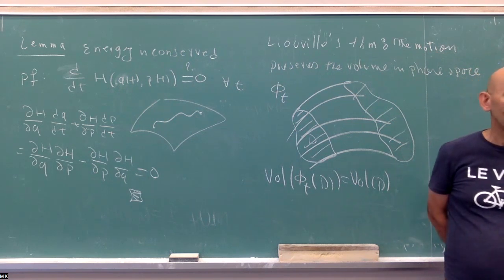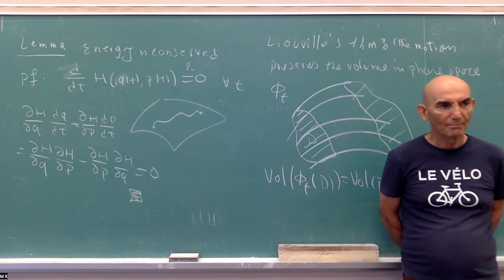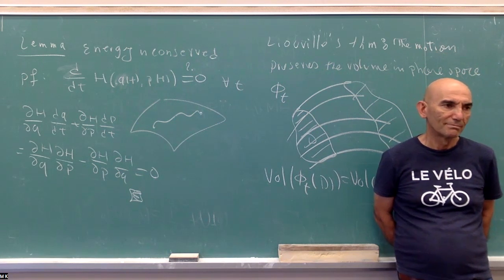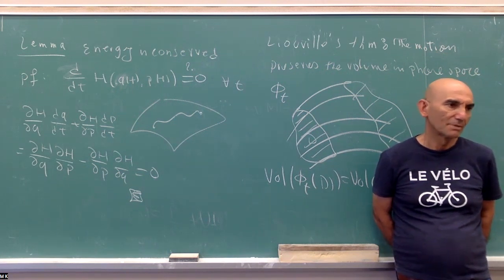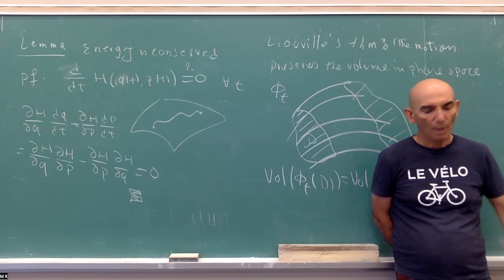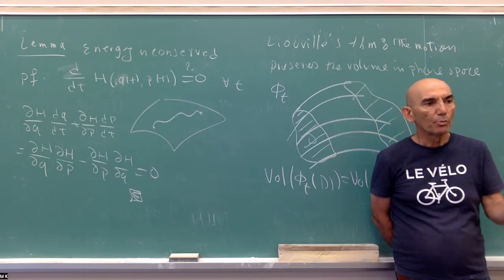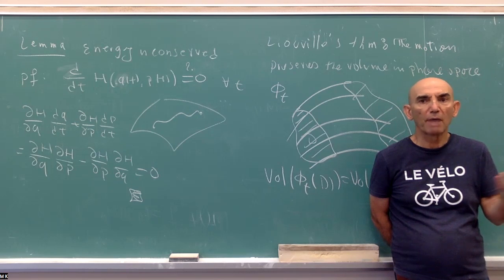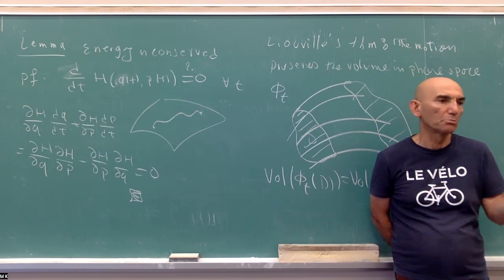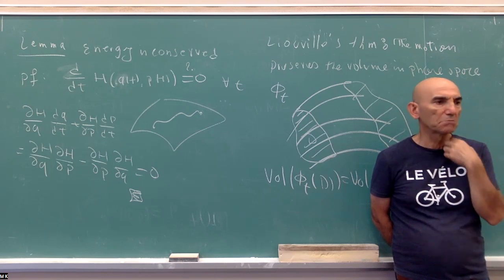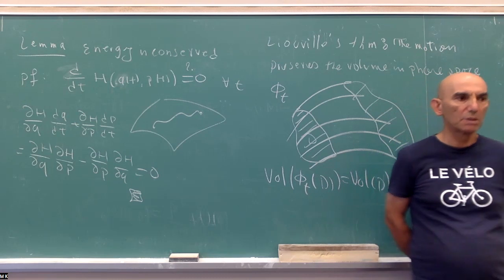So if you have some volume in space and you consider all paths that carry it, the total volume doesn't change. It's like some diffeomorphisms preserve volume. You can have maps from R^n to R^n that preserve volume, and a necessary and sufficient condition for that, I believe, is that the determinant should be equal to 1.